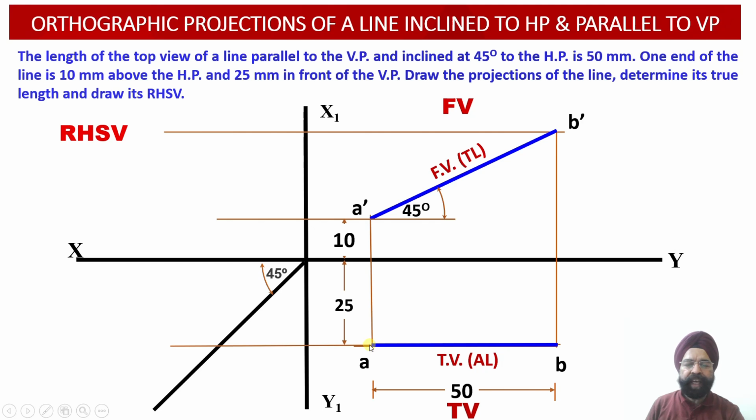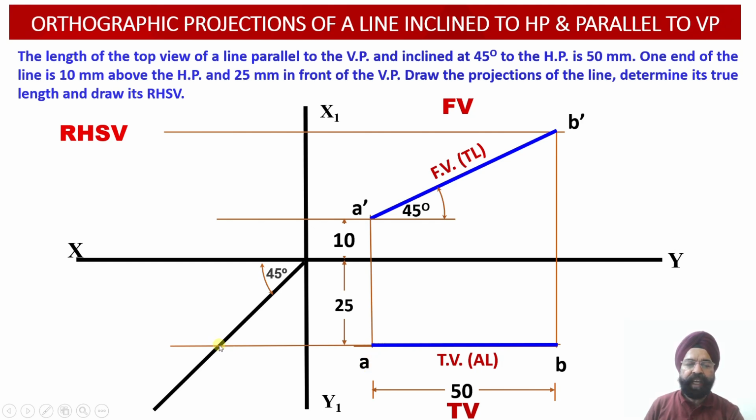From the point A, we are going to draw a horizontal projector and extend it till it meets the transfer line at this particular point. So here we have obtained a point on the transfer line corresponding to point A of the plan projection view.